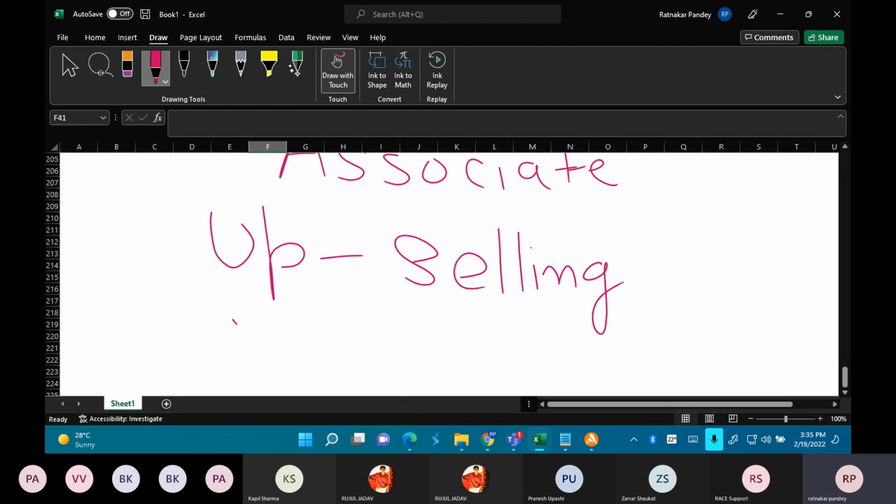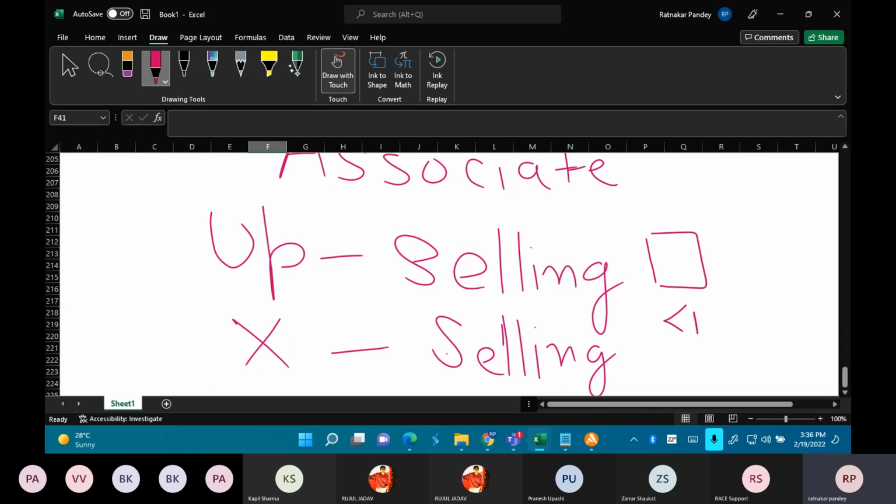What is the difference between them? Upselling is, let's say you're going to buy a mobile phone which is less than 15K.